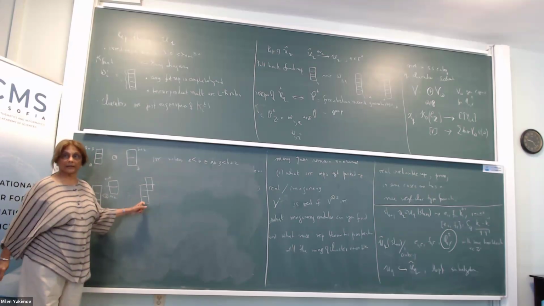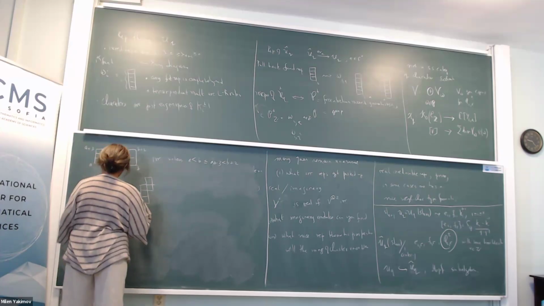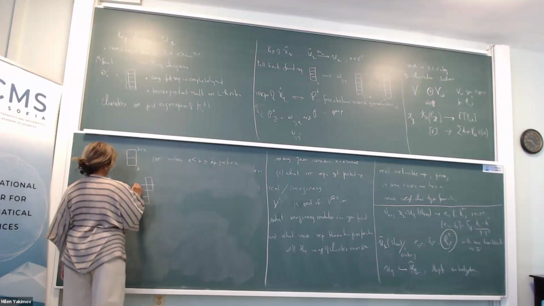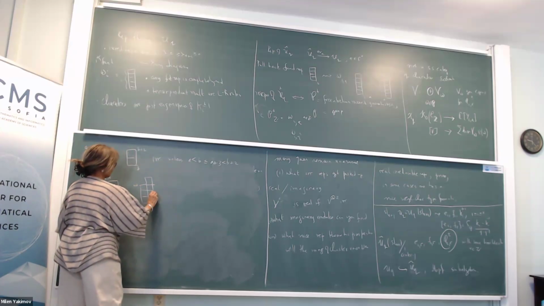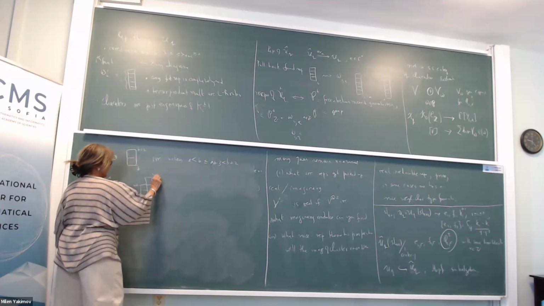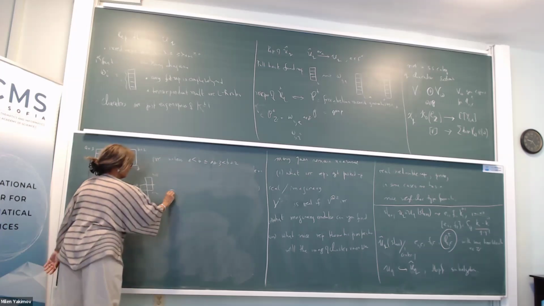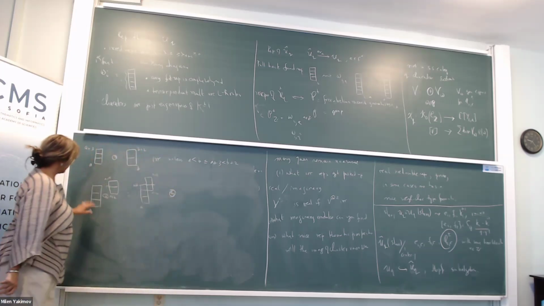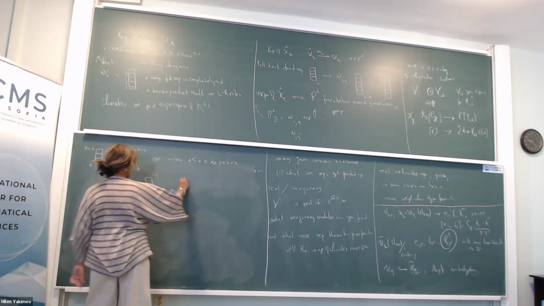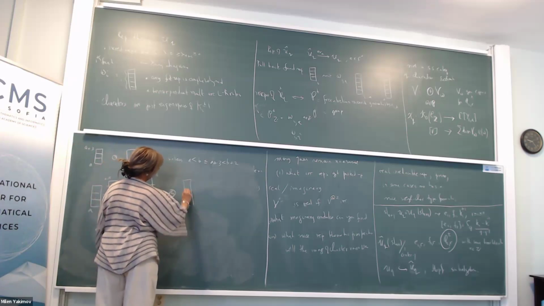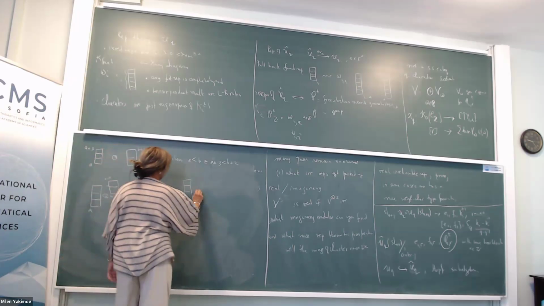So I get the skew Young diagram. This one is the same thing as A plus 3. This goes from A plus 2 to A plus 4. It is not semisimple, but its Jordan-Hölder series has only 2 components, and it will look like the following.